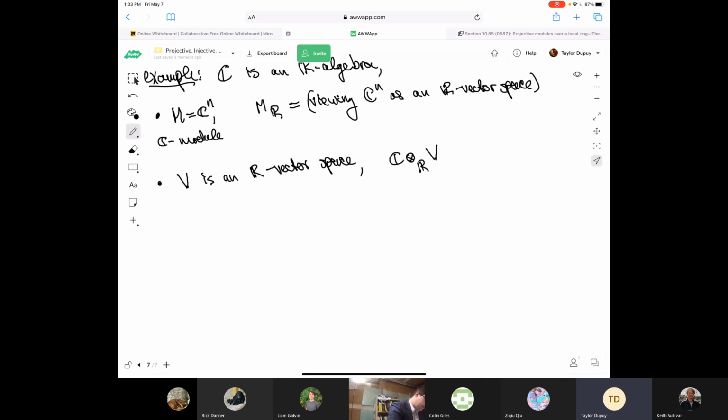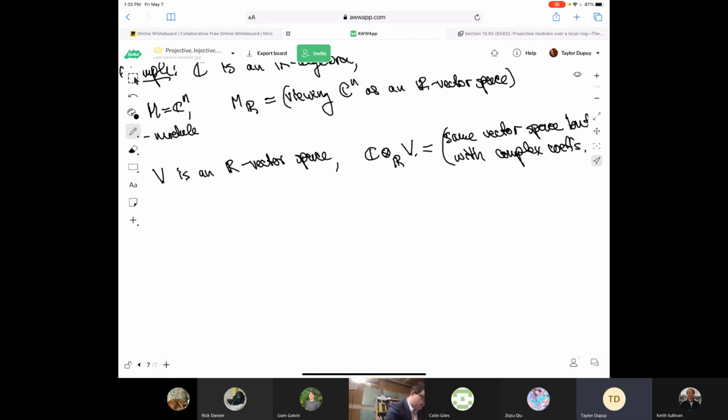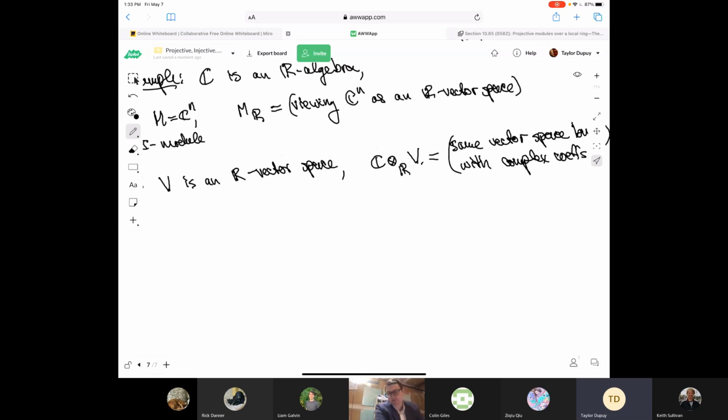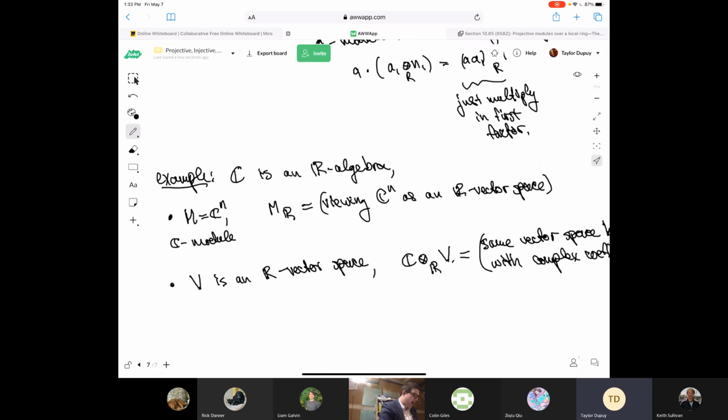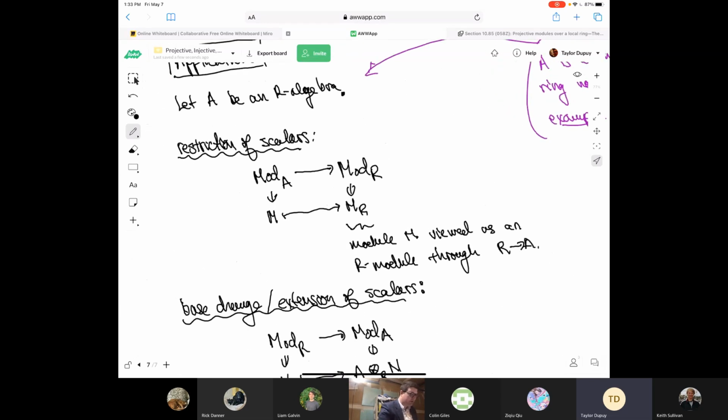This is the same vector space, but with complex coefficients. So we took a real vector space and turned it into a complex vector space, and if we have a complex vector space, we can turn it into a real vector space. But this is totally general, and it goes with modules. So I just introduced two functors: the base change or extension of scalars functor, and the restriction of scalars functor.